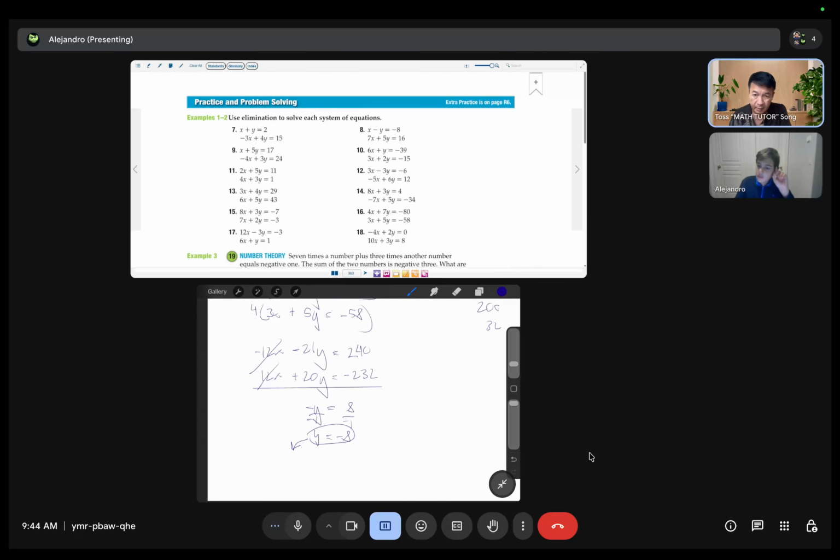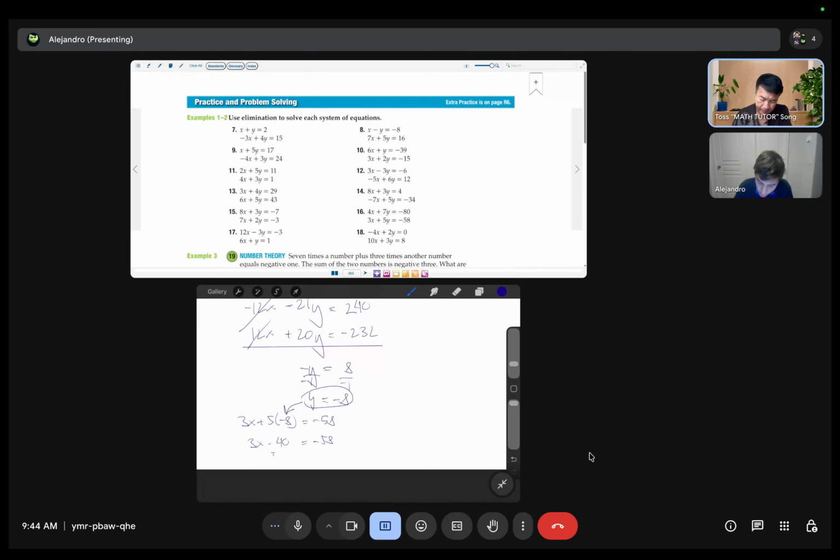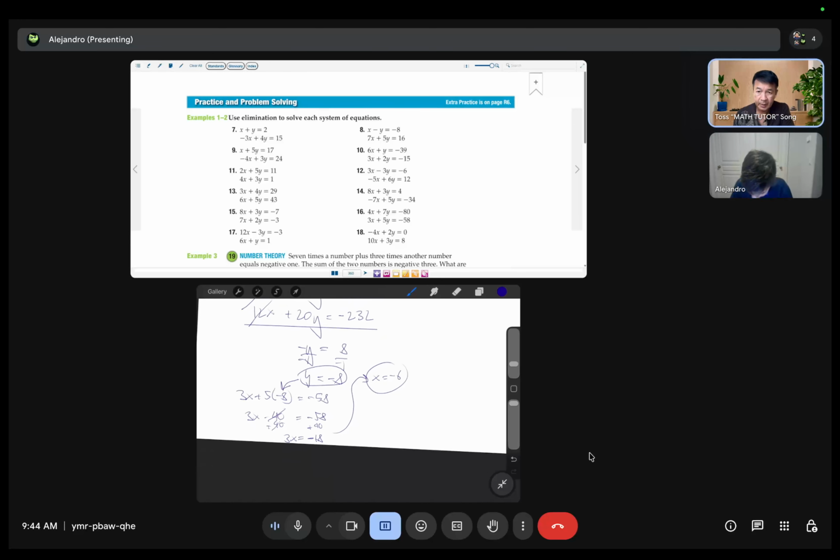I don't think it matters. So 3x, and then 5 times negative 8 equals negative 58. 3x minus 40 equals negative 58. Add both sides by 40. So 3x equals negative 18. So x equals negative 6. Okay, plug it back in for y.